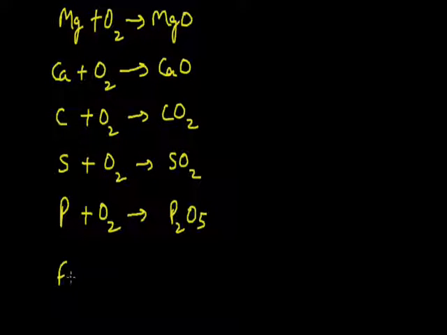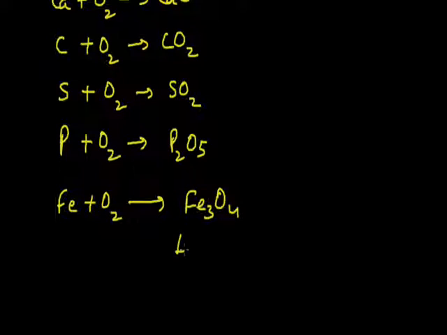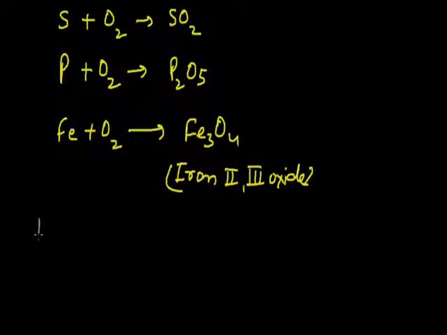In fact, iron reacts with oxygen, forms Fe3O4, that is iron 2,3 oxide. Similarly, rusting of iron occurs in presence of oxygen as well as water vapor.